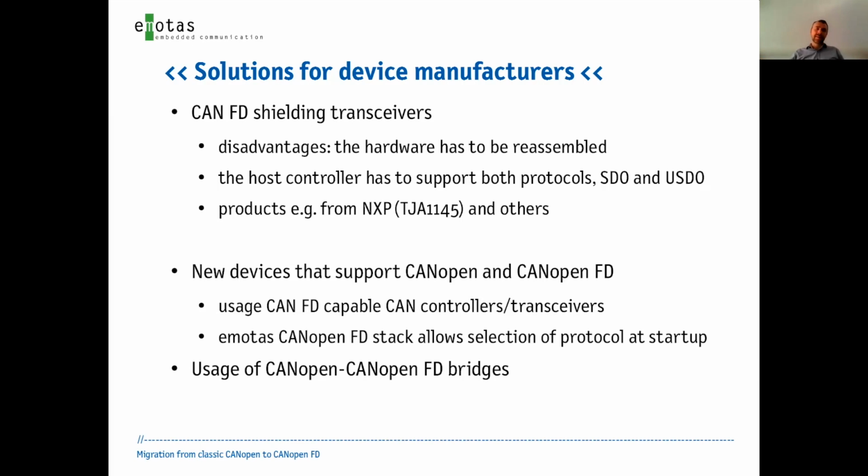You can get microcontrollers with CAN FD inside from nearly all vendors, and it would be a good idea to use a protocol stack which supports both CANopen and CANopen FD. Our stack supports that, and I imagine that there are other manufacturers as well that allow the selection of the protocol at startup.